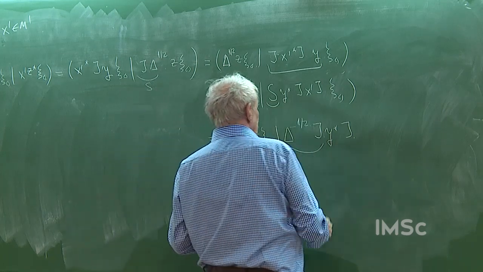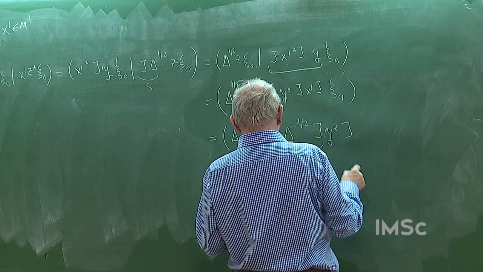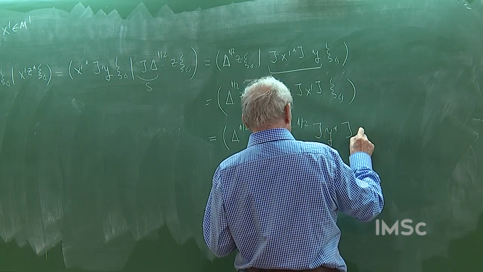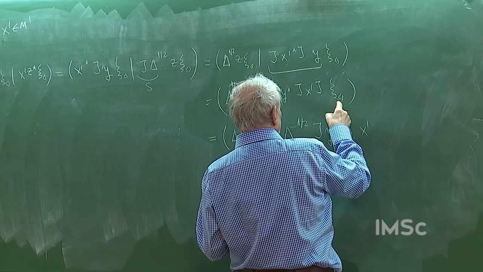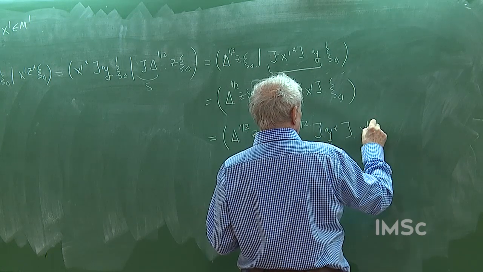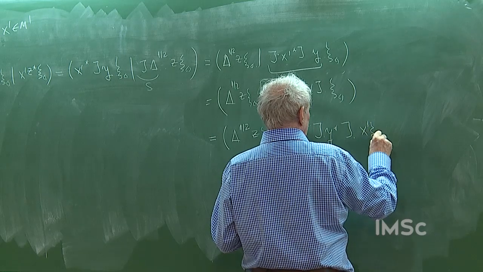Y star J times X prime, J psi naught is psi naught, so that this is psi naught simply.